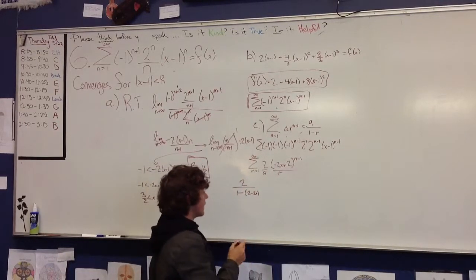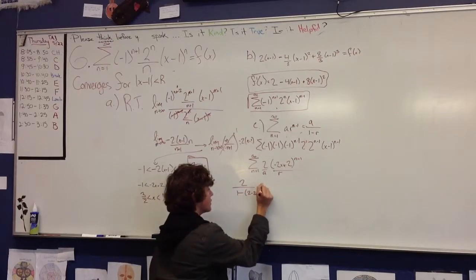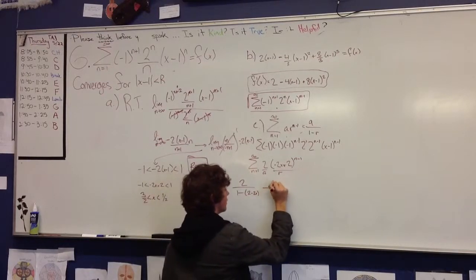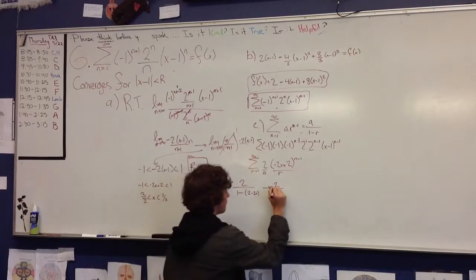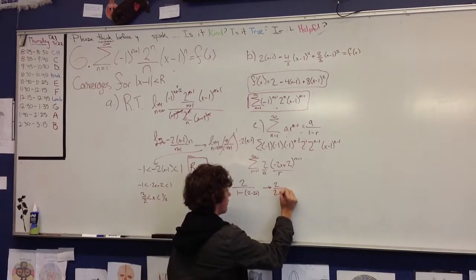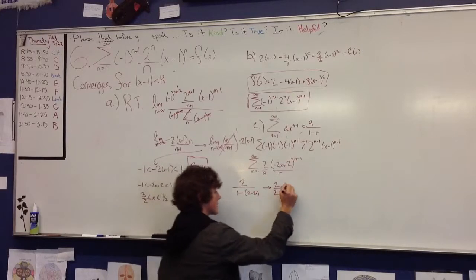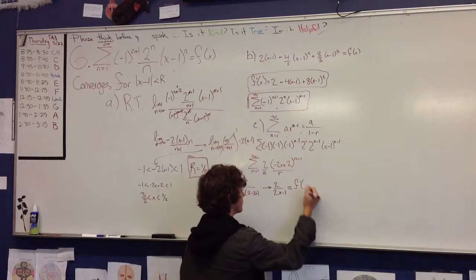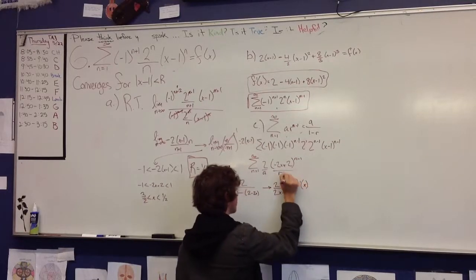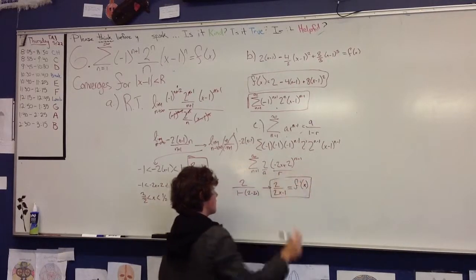So from this we get 2 over 2x minus 1. And these are the x values for which f prime of x converges, because it is a geometric series.